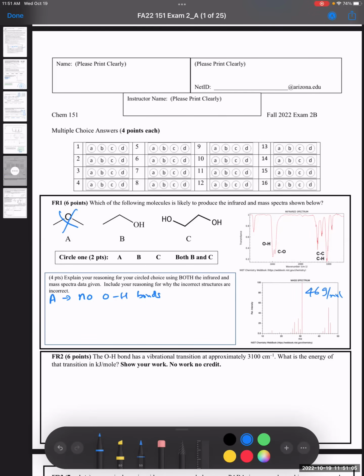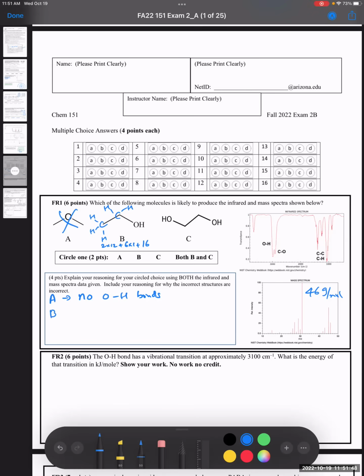And if you calculate the molar mass of option B, we have carbon over here, and the common bonding pattern of carbon is fulfilled by carbon hydrogen bonds. We need 2 of them over here. So we have 4 bonds. Now we have 2 carbons, that means 2 times 12, plus 6 hydrogens, 6 times 1, plus 1 oxygen, that is 16. So 2 times 12 is 24, 24 plus 6 is 30, 30 plus 16 is 46, which is great.